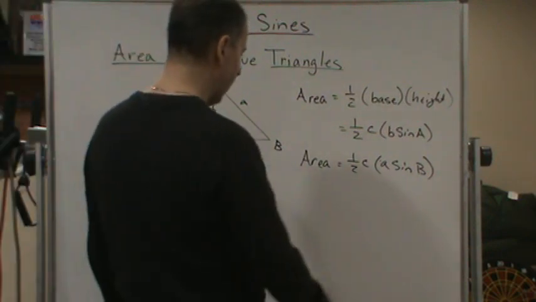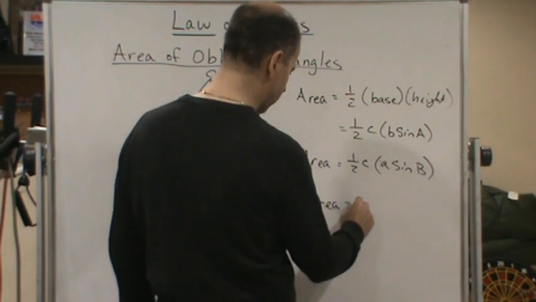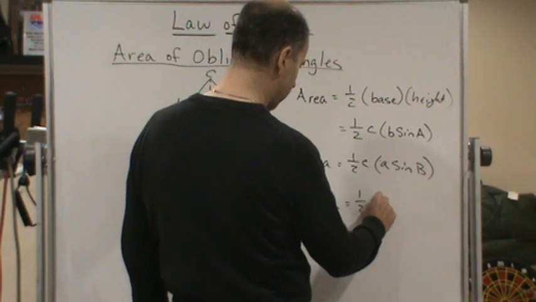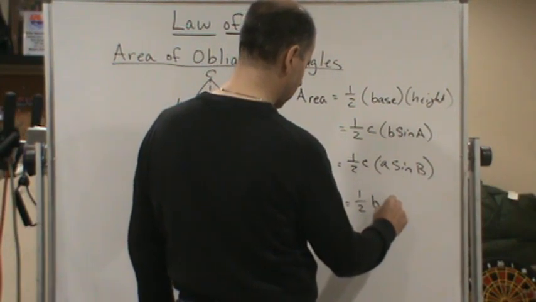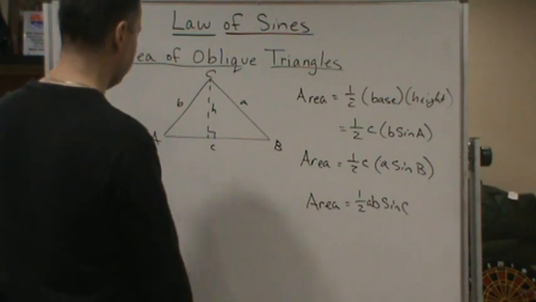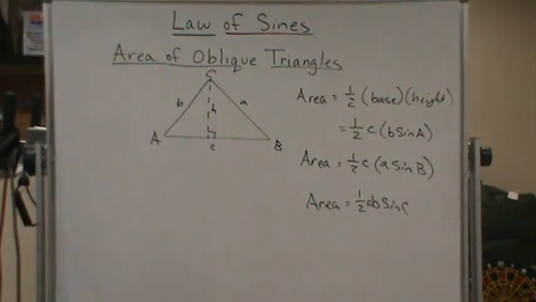Okay, and then similarly we can develop area equals 1/2 ab sine C, depending on how we orient the triangle.